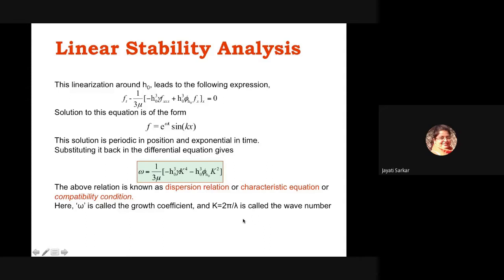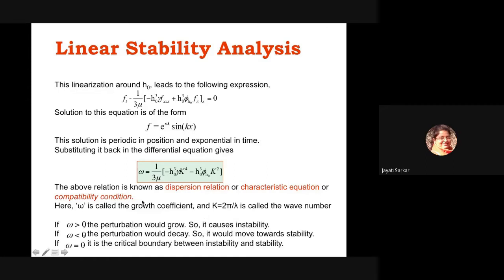What this linear stability analysis tells us is that if the perturbation leads to the value of omega being greater than 0, then these perturbations grow and cause instability. When it is less than 0, if you perturb it, after some time it will die down. And if omega is equal to 0, it is the critical boundary between stability and instability.